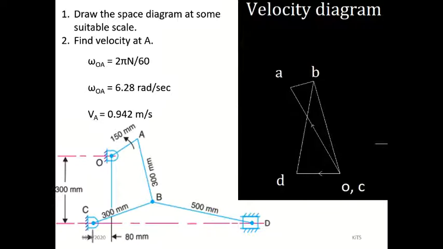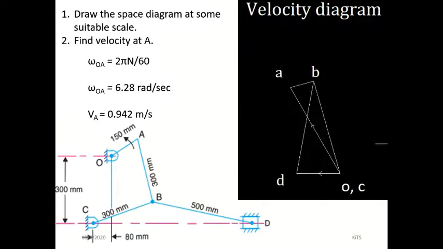So this line CB connects with the AB. So here also CB, AB are connected here. Erase the remaining lines. These are all remaining lines. Erase them.